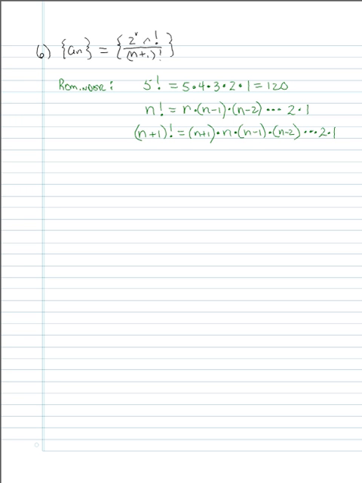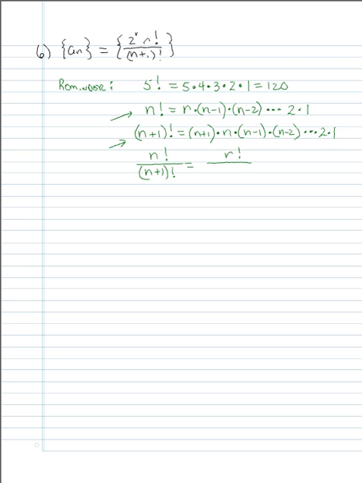Now the significance here, this is a pretty big deal. We're going to employ this. Look, if we have an n factorial divided by an n plus 1 factorial, okay, let's look above, we've got this n factorial on top, which is n times n minus 1 times n minus 2 and so on, and the n plus 1 factorial on bottom.